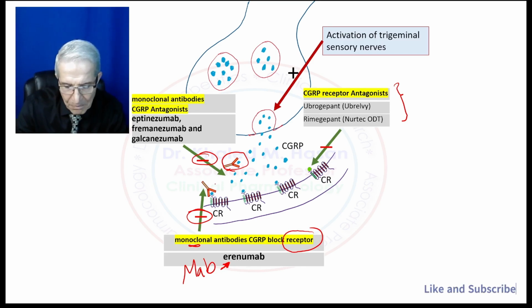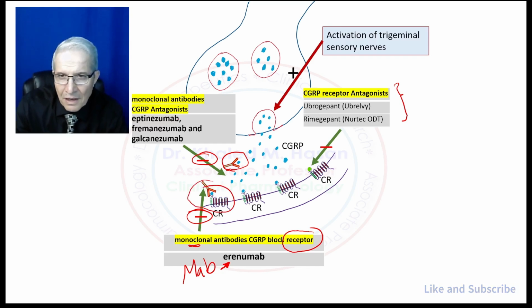This antibody binds to the receptor and blocks the receptor. Then we have the monoclonal antibody that antagonizes the peptide. You can see the antibody here binds to the peptide in the gap and blocks the peptide, for example, eptinezumab.